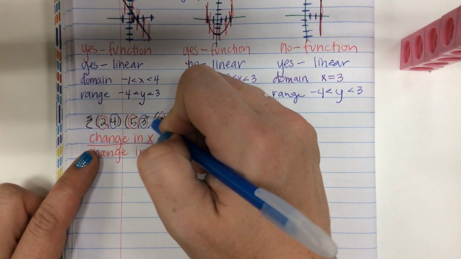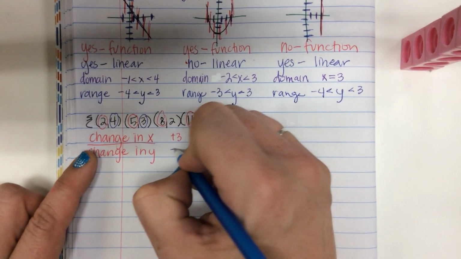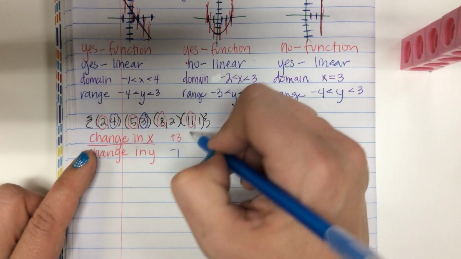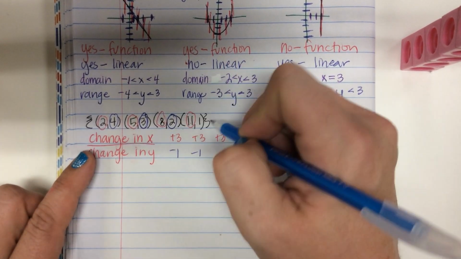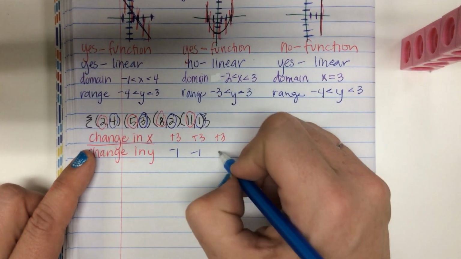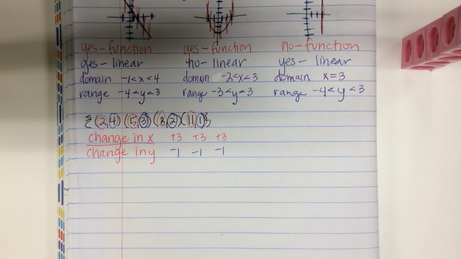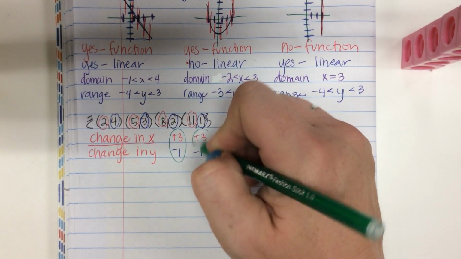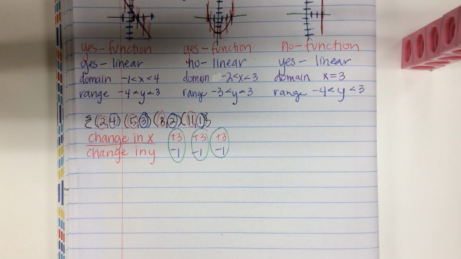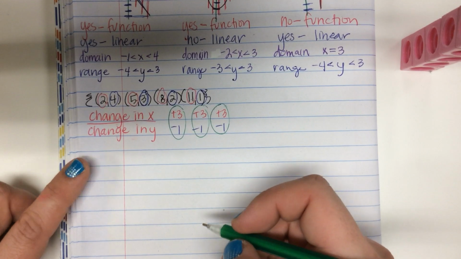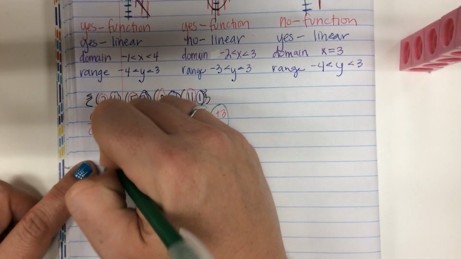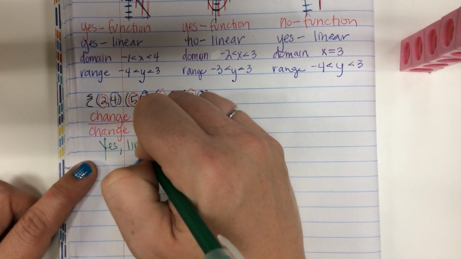From 4 to 3, what happens? Minus 1. From 3 to 2, what happens? Minus 1. And from 2 to 1, what happened? Minus 1. Is the change in x over the change in y the same every time? Yes. If it's the same every time, it doesn't change. It's linear. Yes, this is linear.